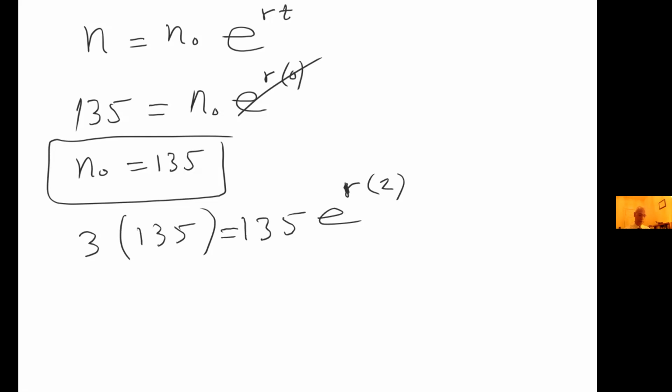So, simplify this. I'm showing you every step there is, but you don't have to. So divide both sides by 135. Now I have 3 equals e to the power of 2r.